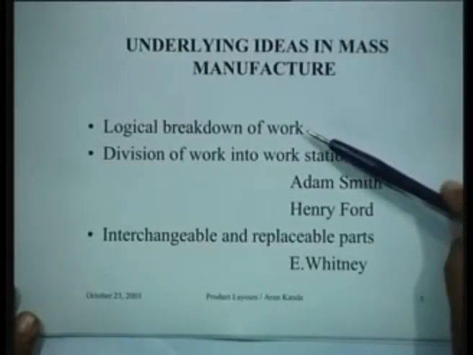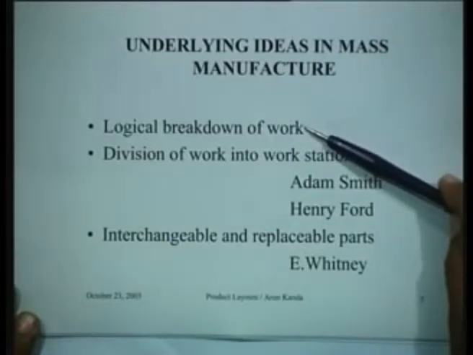And as a consequence of that, I suppose you would know what is the basic advantage of the division of labor. Rather than one person doing all the jobs involved in an assembly, if there are 10 people doing fractions of those jobs, what is the specific advantage that you get by engaging a large number of people? Specialization of labor.